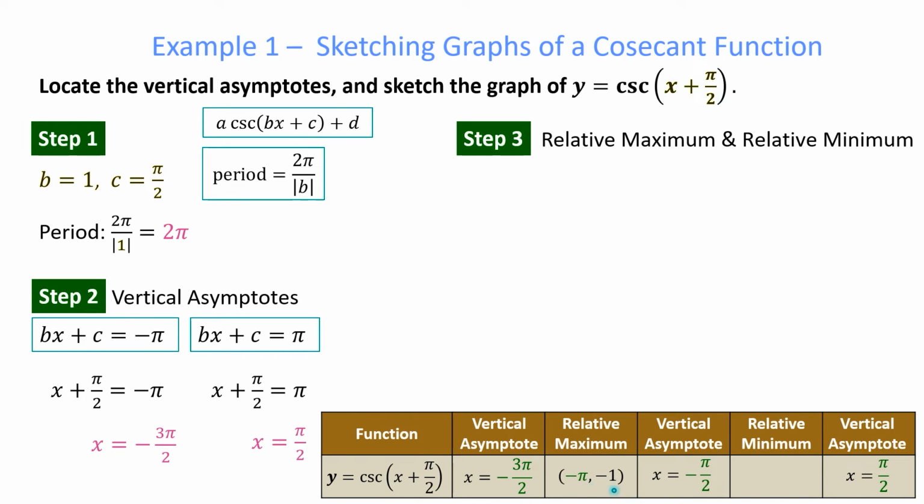And then we can work out the y value of minus 1 by substituting minus pi into this function over here to give us y equals minus 1. And then for the relative minimum, we'll add these two x values together, divide them by 2 to give us 0. And then we can work out y equals 1 by substituting x equals 0 into this function to give us the y value, y equals 1.